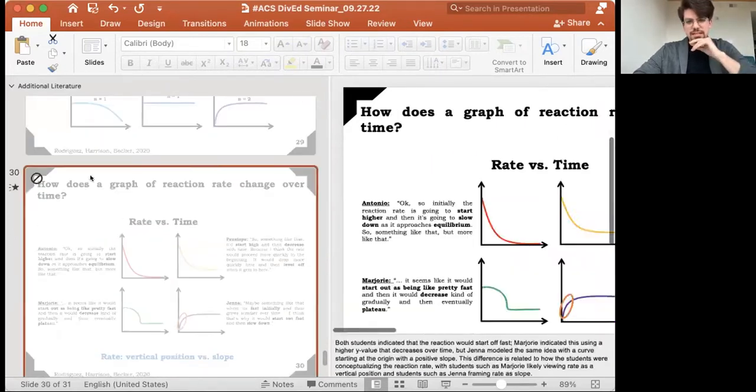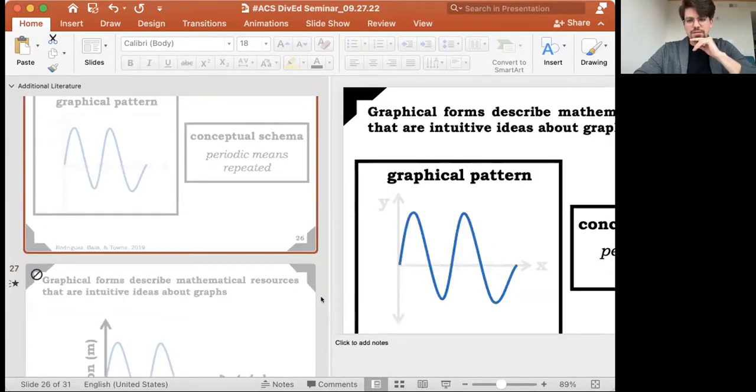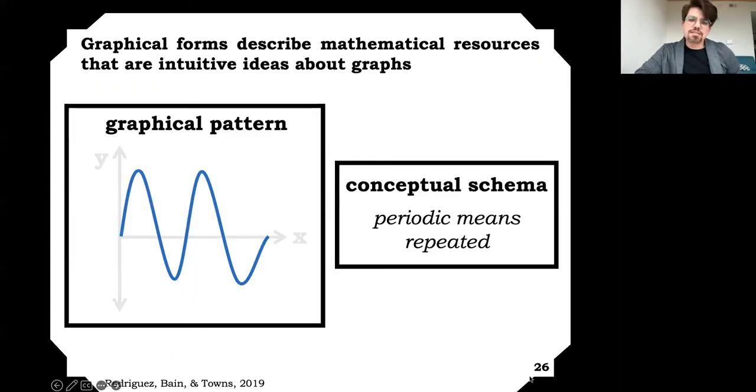But the main idea is, thinking broadly about students' graphical reasoning, where they're focusing on some kind of graphical pattern and assigning an idea to it, this framework of viewing students' intuitive ideas about graphs is essentially an extension of another framework that focuses on how students reason about equations. Maybe I can send you that reference, but it's work by Bruce Sherin on symbolic forms.